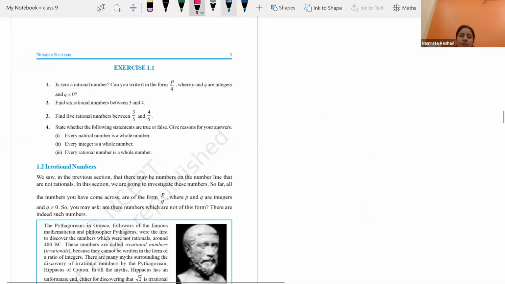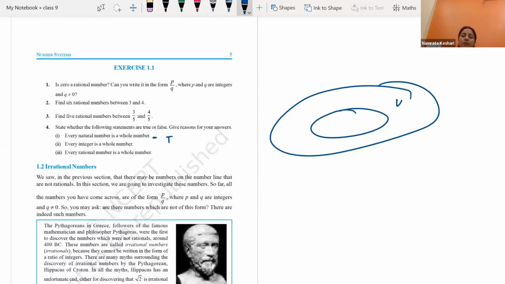True or false? True. LF, is it true or false? Every natural is whole. True. Yeah, we can see natural is coming inside the whole. So yes, every natural is whole.